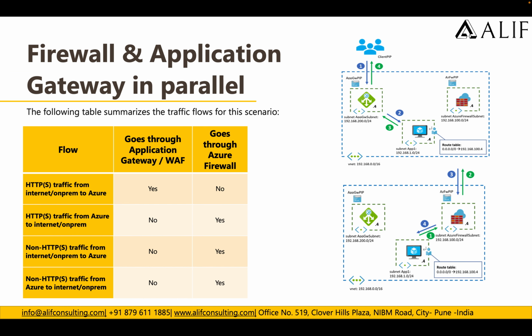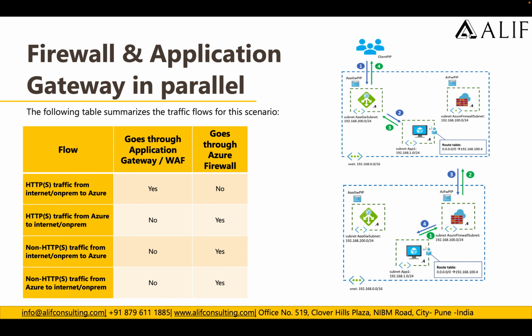The next option is firewall and application gateway in parallel. In this case, there are two kinds of traffic. Either you have all the web traffic coming directly through the application gateway, and the rest of the traffic will be routed through the Azure Firewall.